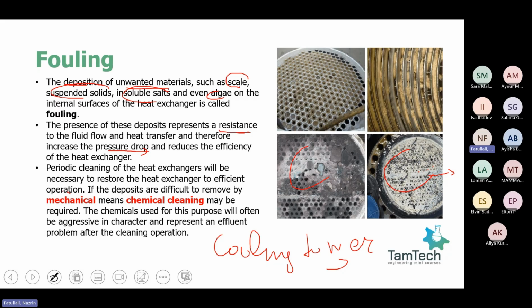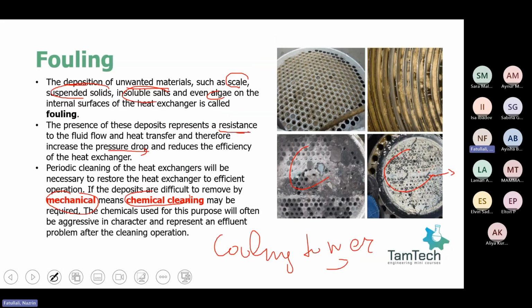For example, mechanical cleaning by jetting, hydroblasting, which means jetting water at high pressure. Also chemical cleaning, again based on chemical dosing. It can clean the already deposited unwanted materials.